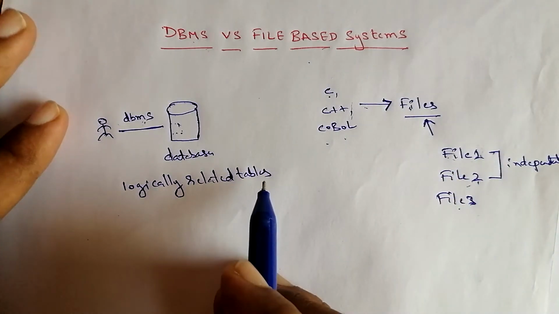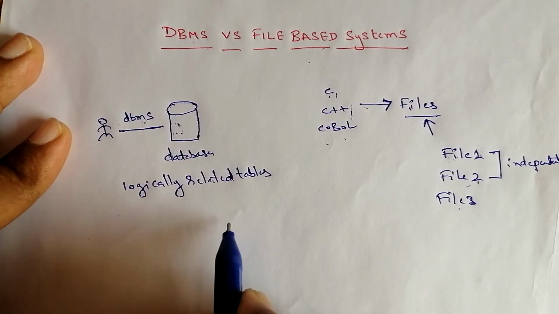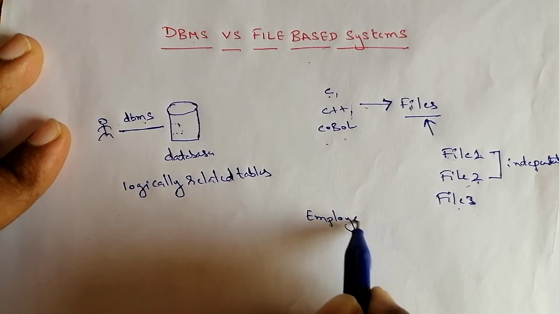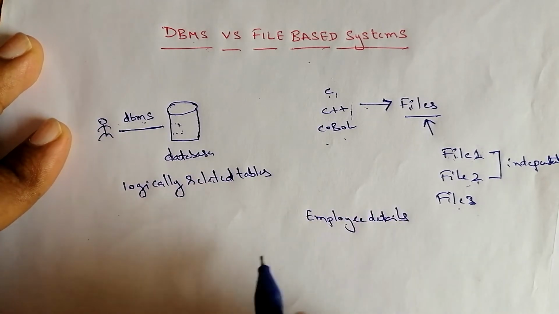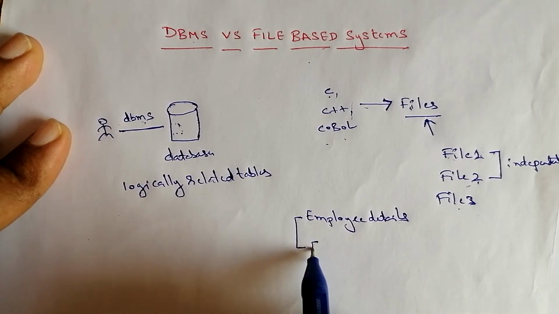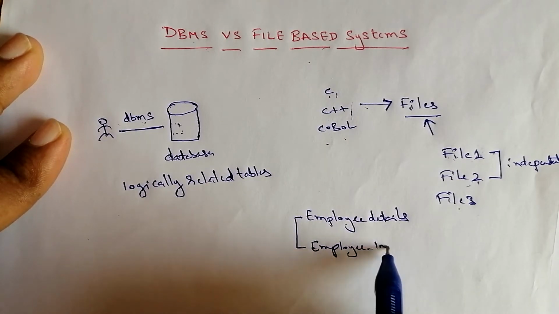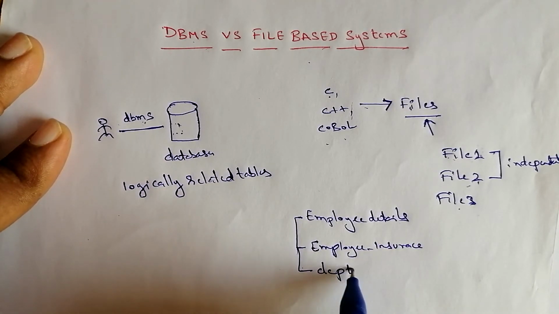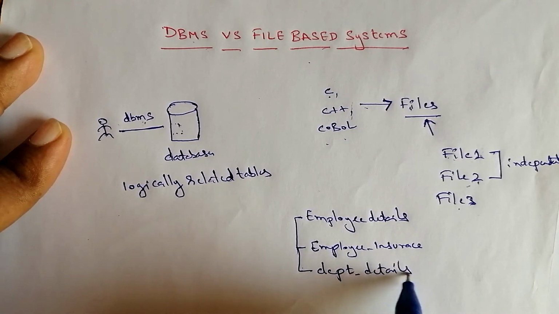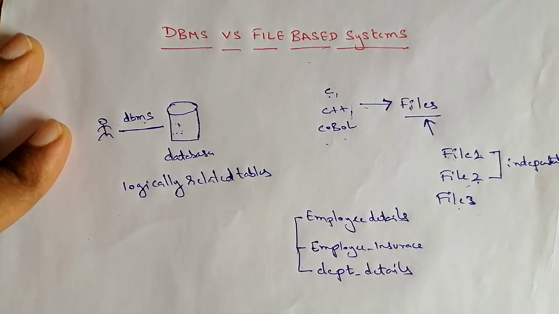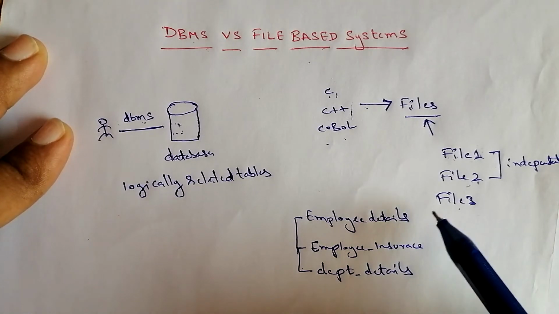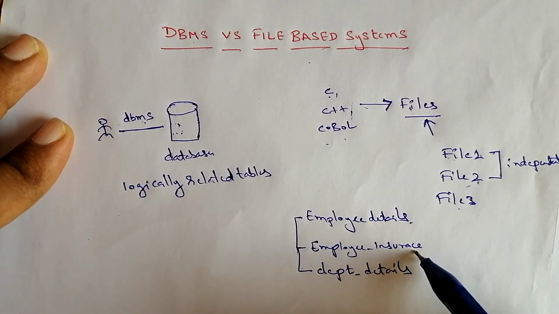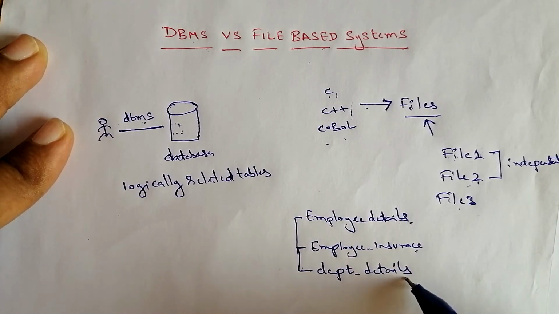For example, if we take an organization, if we have a file for handling the employee details, another file for handling the employee insurance details, and another file for handling the department details, the same employee number or name can be replicated in this file, and also in this file, and also in this file.